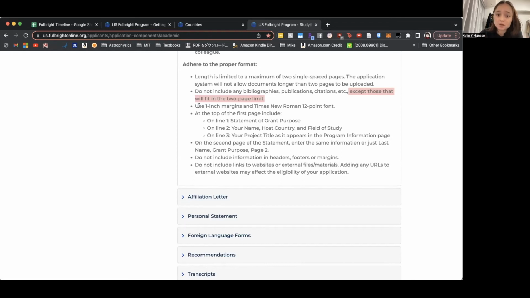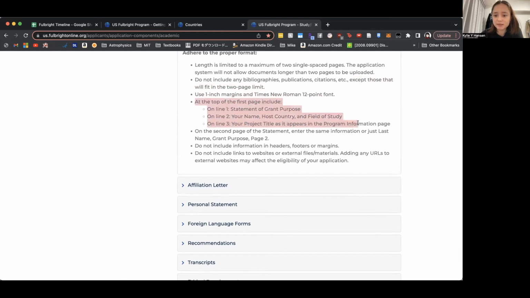All right, 1-inch margins and Times New Roman 12-point font, pretty standard. And then it says here, some specifications at the top of the page include your statement of grant purpose, your name, host country, and field of study, and your project title. On the second page, you enter the same information or just last name, grant purpose, page 2.